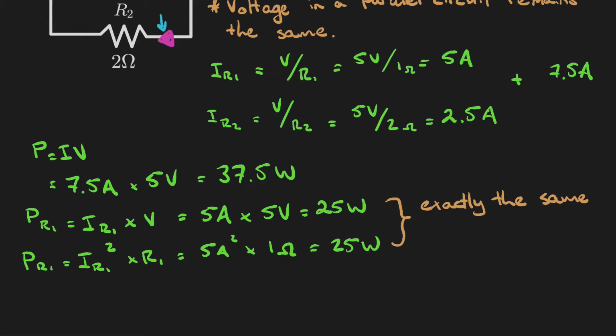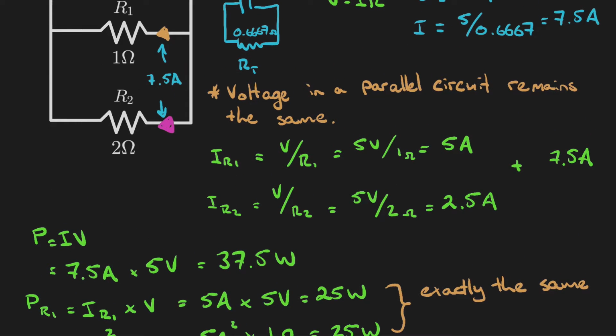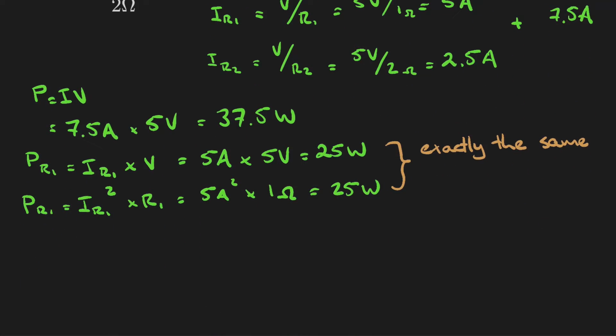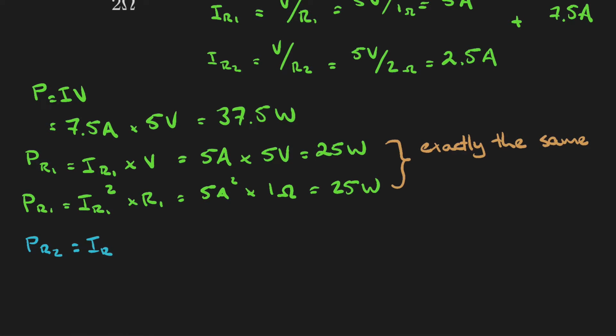So say we wanted to do the last resistor, which is R2. So what's the power flowing or being consumed by R2? Well, that's quite simple. Power of R2, and for argument's sake, I'm going to use the I squared R rule. So I R2 squared times the resistance for R2. And what's IR2?